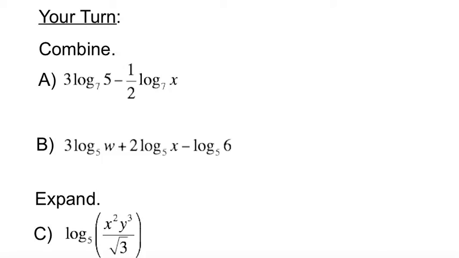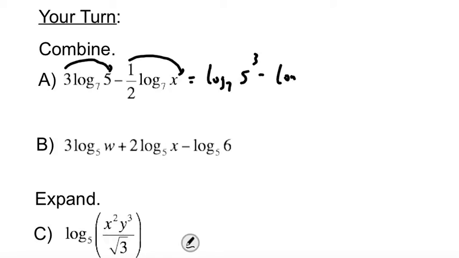All right, so let's combine these. So when we're combining these, we're going to put our powers back in. I see I've got 2 powers there. So this becomes log base 7 of 5 to the 3rd minus log base 7 of x to the 1/2. All right, 5 to the 3rd is 5 times 5 times 5, which is 125.